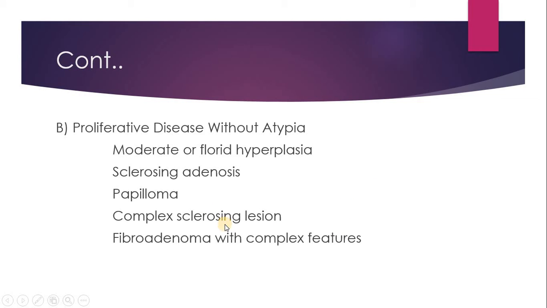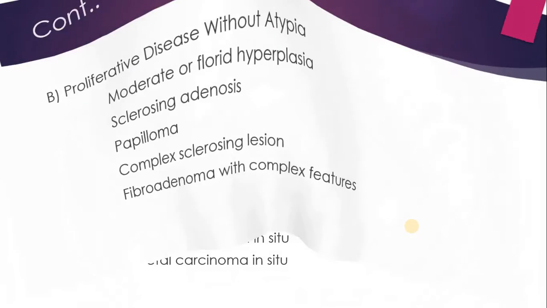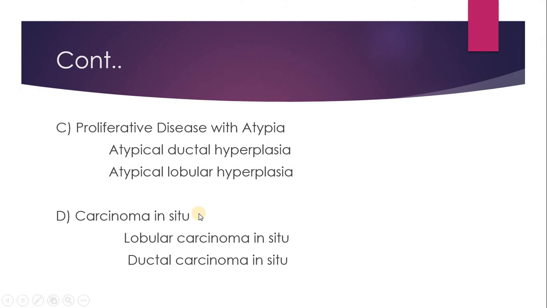These are under the umbrella of proliferative disease, though most fibroadenomas are non-proliferative, having little chance of malignancy. These two are very important and highly related to the chance of malignancy.